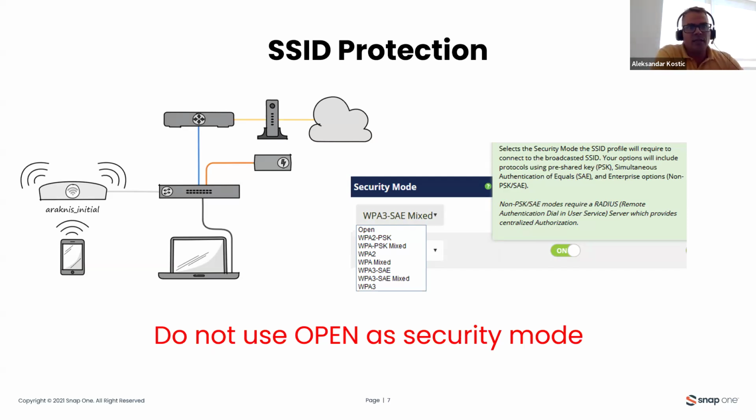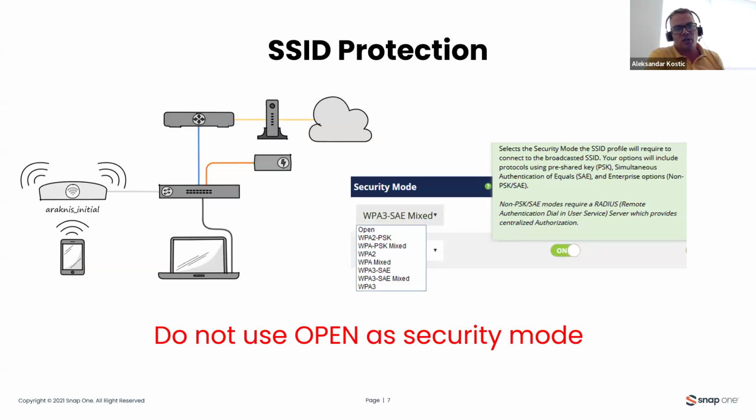Currently, the latest accepted protocol for authentication on Wi-Fi is WPA3 SAE, and it is implemented on our Wi-Fi 6 access points or X20 access point. But I would say that still, in general, the most commonly implemented Wi-Fi authentication is WPA2.